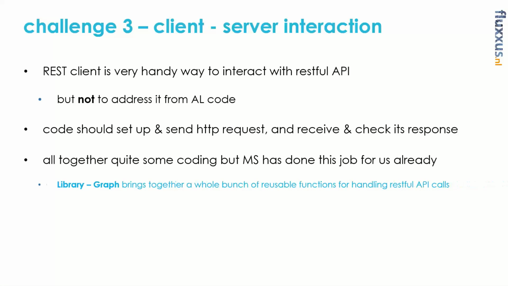Typically, they stored everything in a library called Graph. Graph is that bigger story of all kinds of entities and interaction between entities, enabling that on the higher scale of Dynamics 365, or maybe even the bigger world than that. This library has a whole bunch of reusable functions for setting up and handling your REST calls.